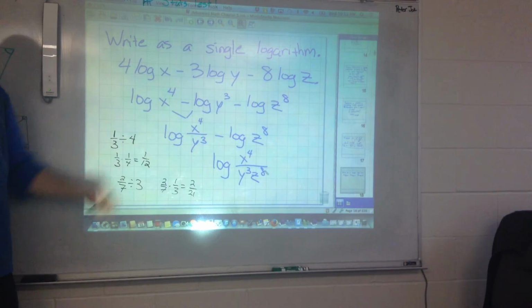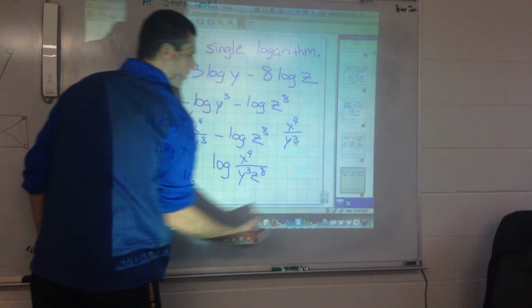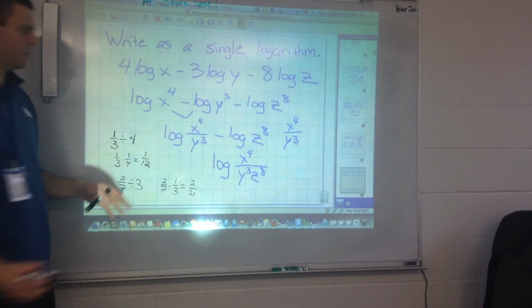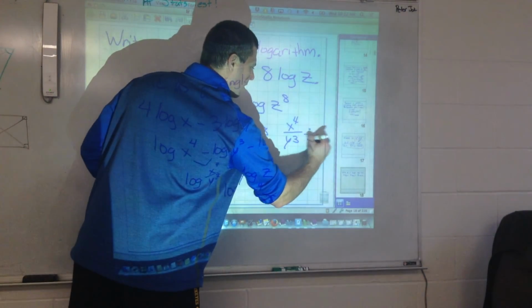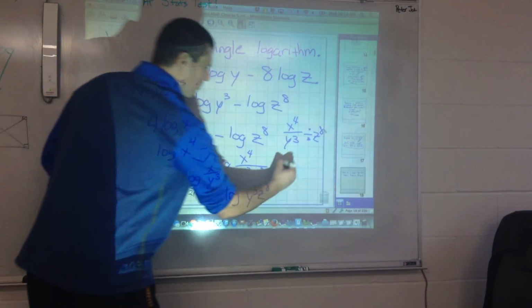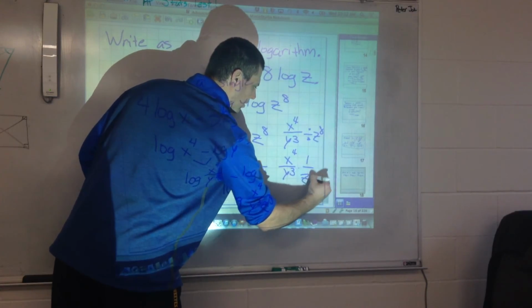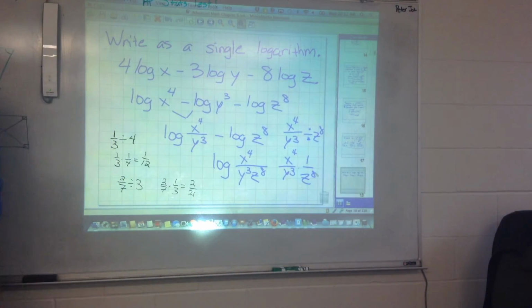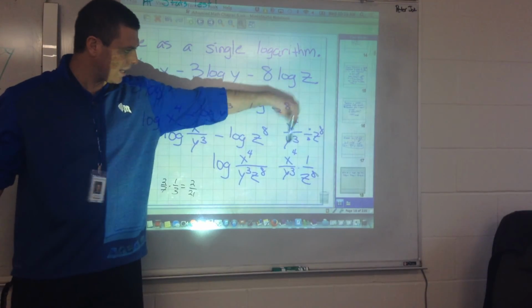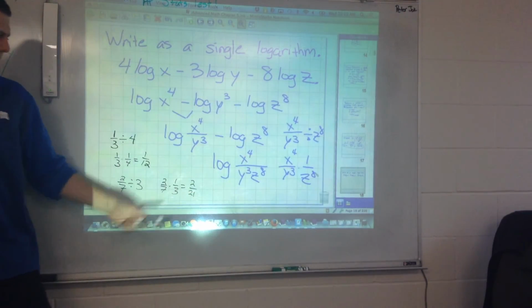Because when you take x to the fourth over y to the third and you divide it by z to the eighth, you're really just multiplying it by 1 over z to the eighth, aren't you? You guys follow that? Yeah. When I'm dividing a fraction by z to the eighth, I'm really multiplying it by 1 over z to the eighth, and that just goes on the bottom.